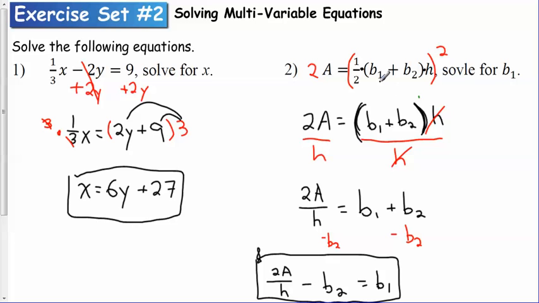And so if I take a look in this example, my b1 that I am trying to solve for is contained in this object. So rather than distributing the 1/2 in and then distributing the h in, I'm going to isolate the object first and then grab the variable I'm trying to solve for.